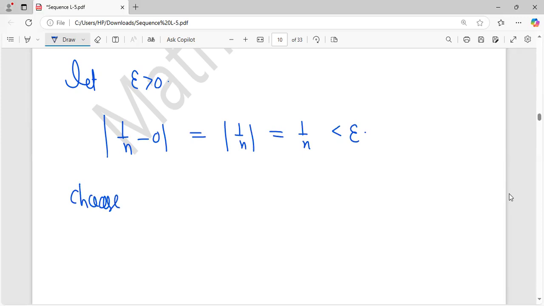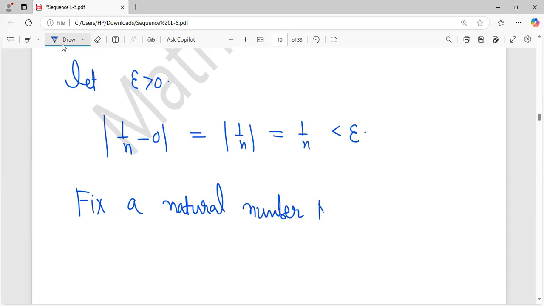So choose, or fix, a natural number capital N such that N is greater than 1 upon epsilon.